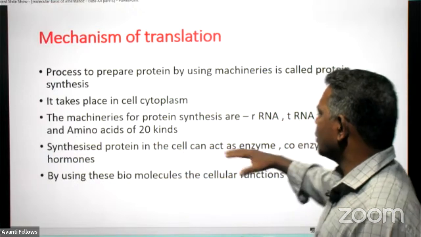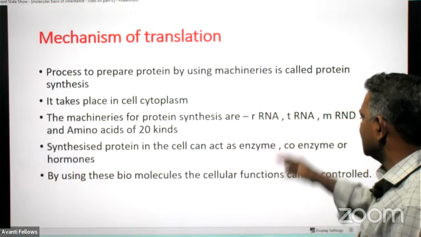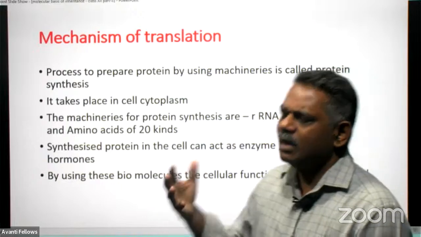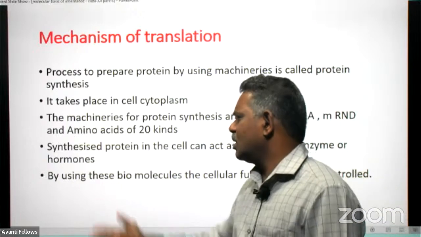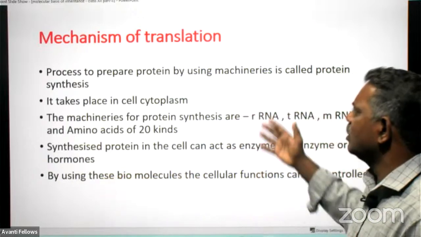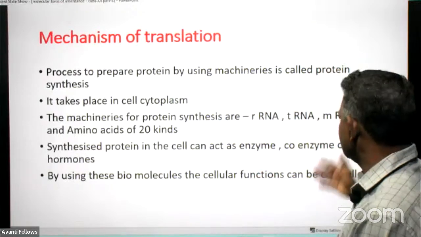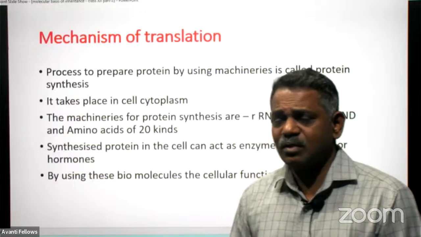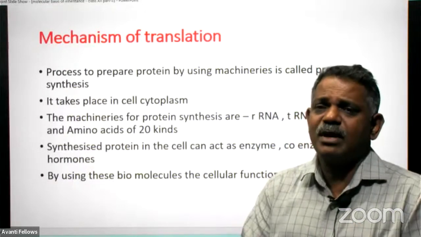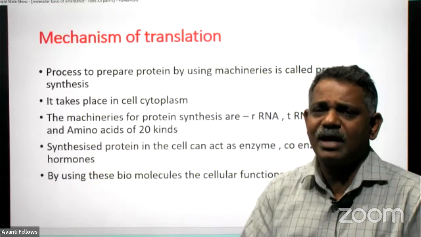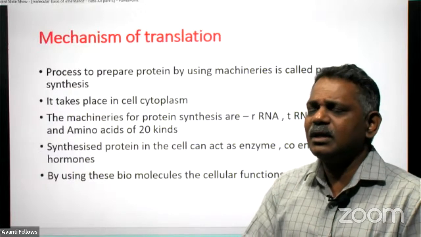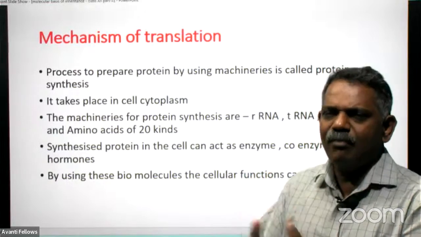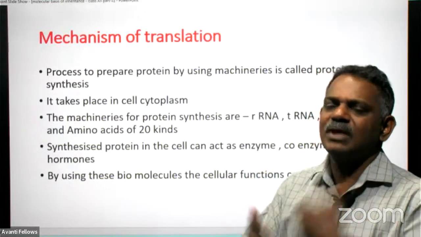The synthesized protein in the cell can act as enzyme, coenzyme, hormone, carrier protein, contractile protein, etc. By using these biomolecule proteins, cellular functions can be controlled. All the chemical reactions, biochemical or metabolic reactions happening in the cell, are controlled by these proteins only, because for every chemical reaction, enzymes are required.